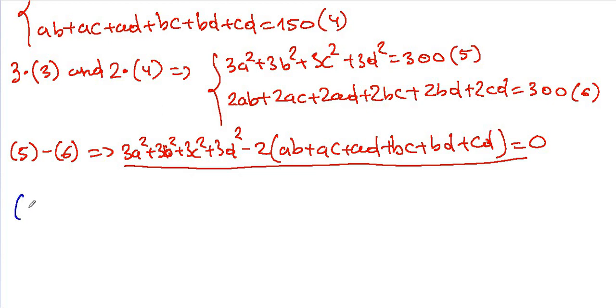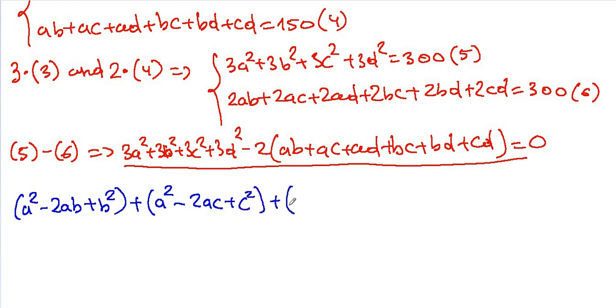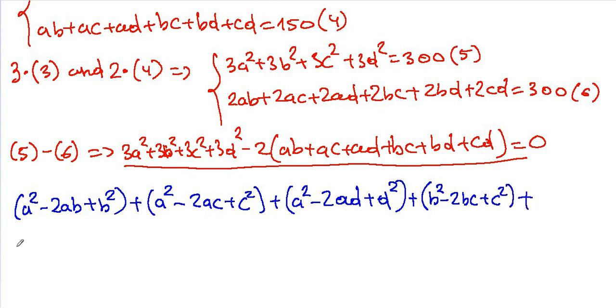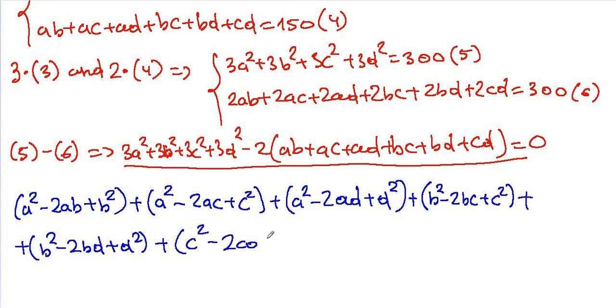I can group like this: a^2 - 2ab + b^2, this is the first, plus a^2 - 2ac + c^2, plus a^2 - 2ad + d^2, plus b^2 - 2bc + c^2, plus b^2 - 2bd + d^2, and the last one is c^2 - 2cd + d^2. This is equal to 0.